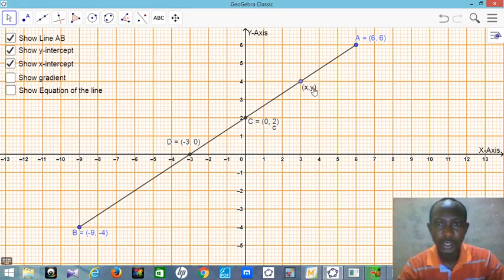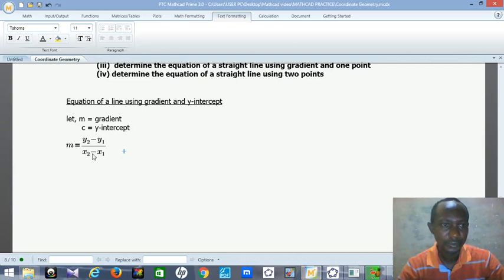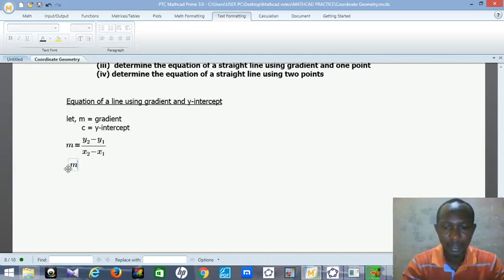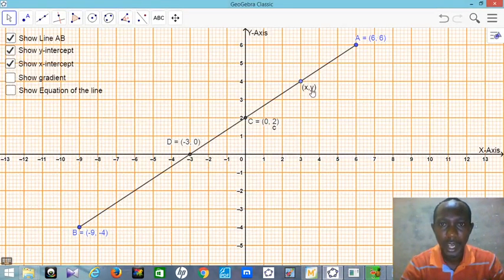So this is y2 and x2. Let's substitute this into the gradient formula. Take notes. If I substitute that into the gradient formula, I'm going to have m equal to, now my y2, let's go to the graph, my y2 is y and my y1 is c.